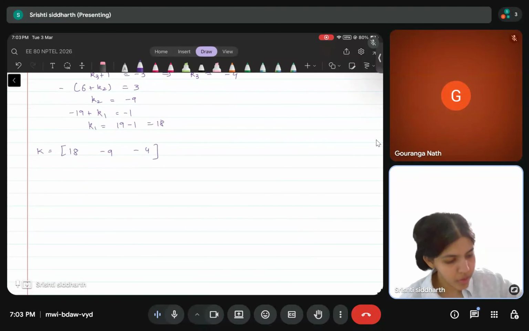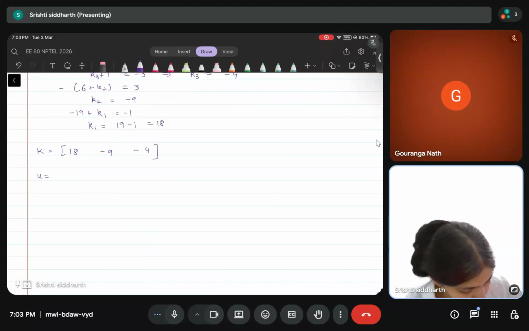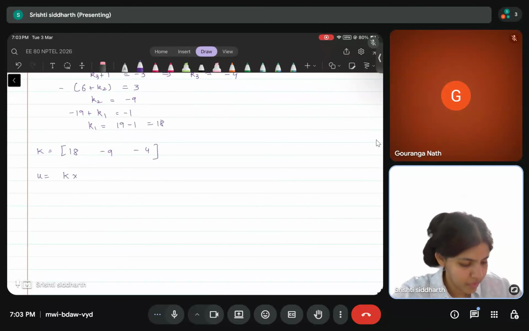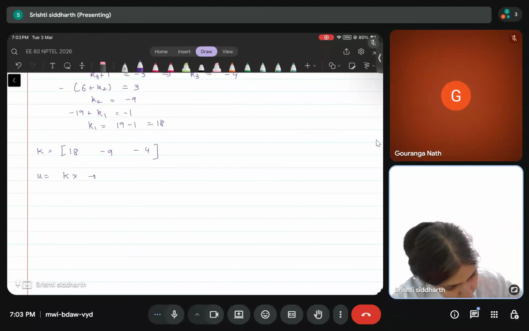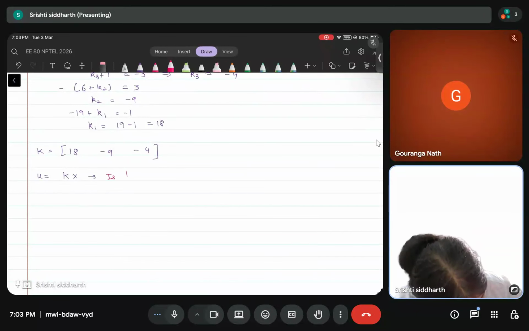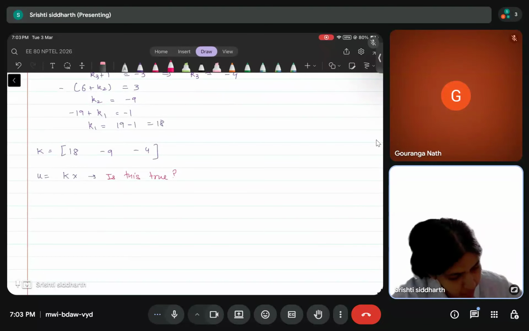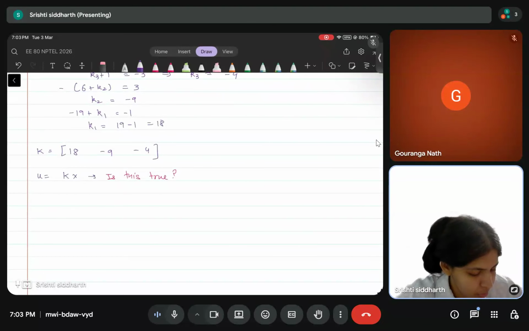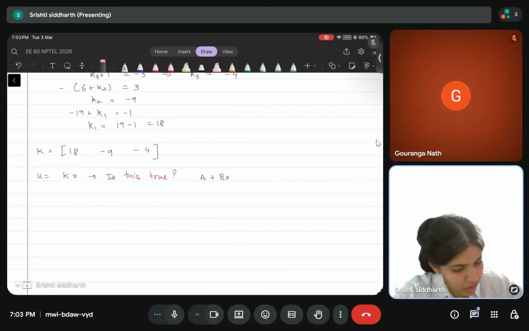So let's observe that u is now going to be k times x. Is this true? That is, if we substitute u as k times x, we get the desired eigenvalues of this closed loop system.